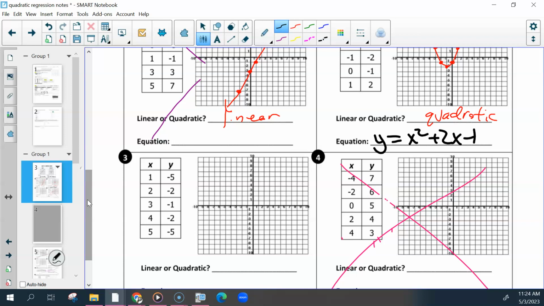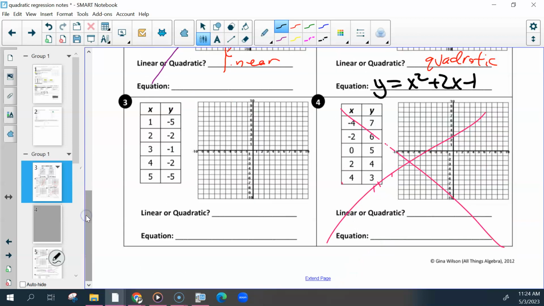We're going to do the next one in Desmos. So number 3, if I'm looking at this table, the x values keep moving forward, the y values go up, but then go back down. So that's going to tell us this is quadratic.